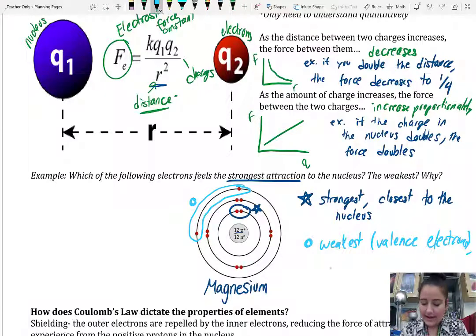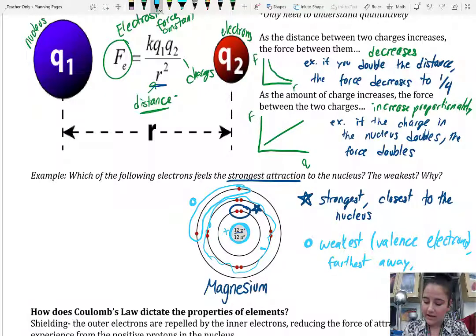And, okay, if you kind of picture this atom in your head, you have all of this positive charge at the center, okay? That is your positive charge. But then all of this inner electron cloud stuff is negative, and that actually blocks or shields some of that charge.